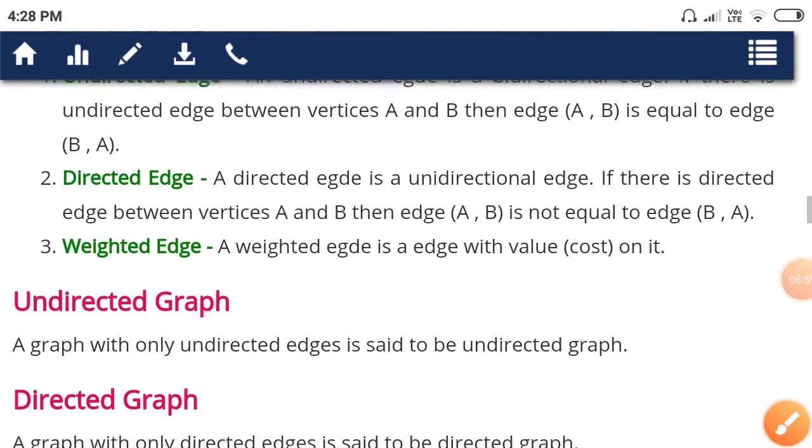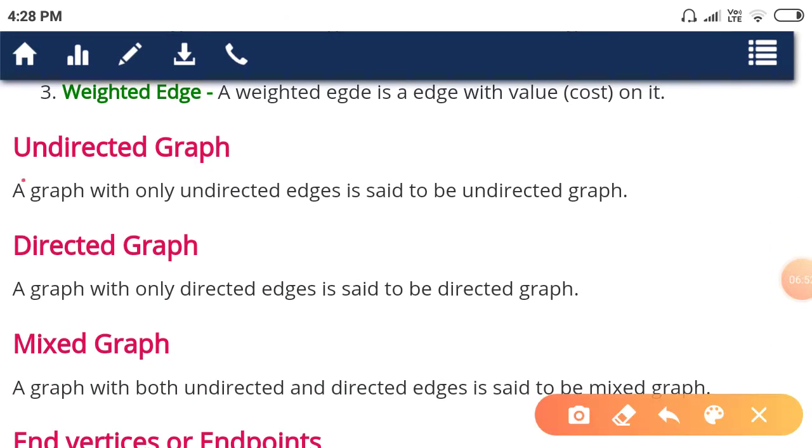Now we'll see the types of graphs. We classify graphs into different types: undirected graph and directed graph. What is an undirected graph? It means there is no direction, the relationship is bidirectional, a to b, b to a.